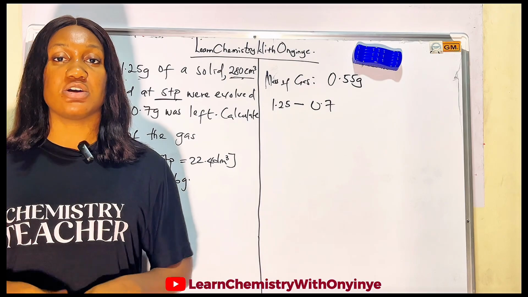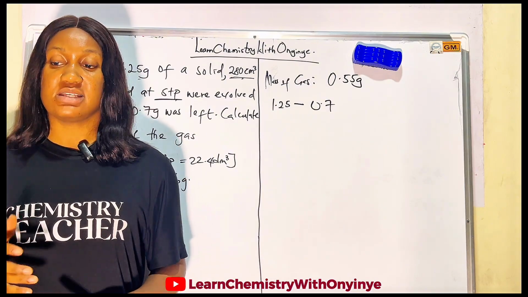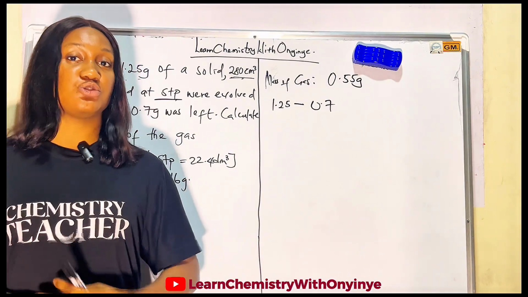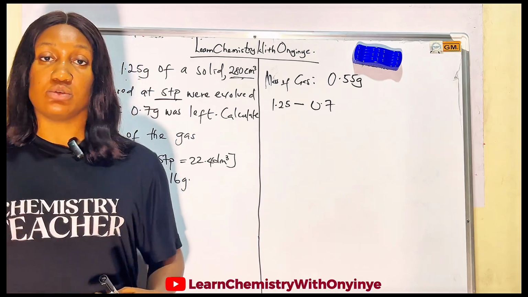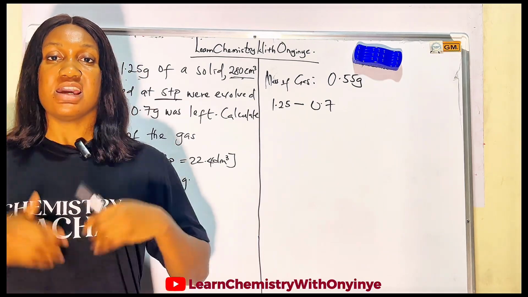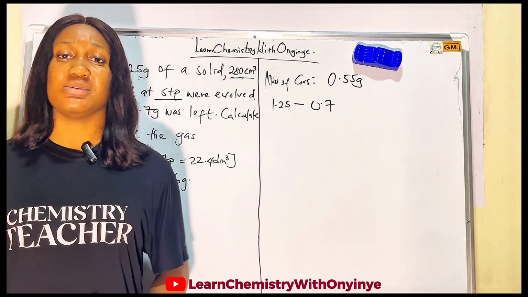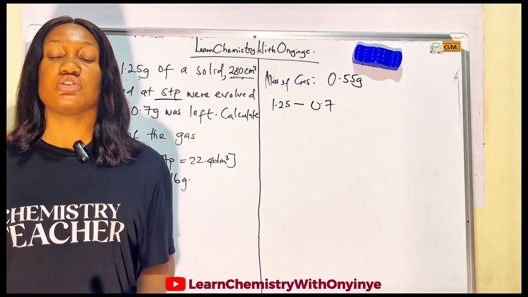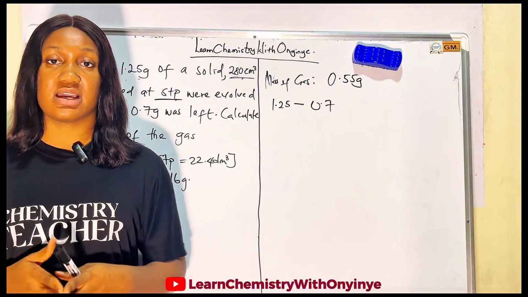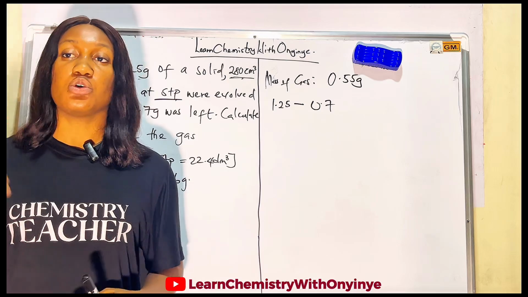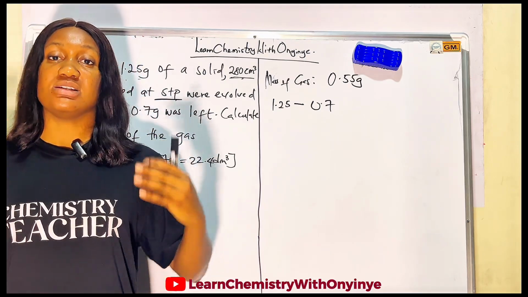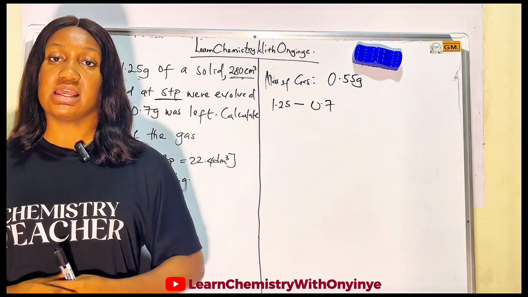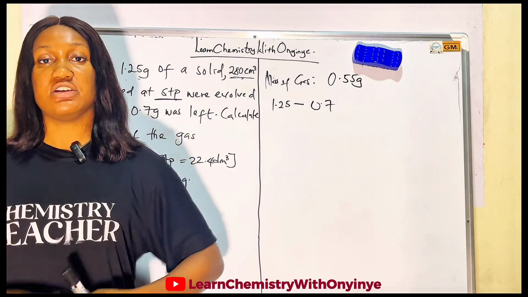So these are some of the things that every chemistry student is expected to know, the standard values. If you're seeing a temperature that is not 273, or a volume that is not 22.4 dm cube, it means that temperature or volume is an experimental value. So most of the time in calculations under chemistry, all we do is comparison. We are comparing between the standard thing and the experimental observation.